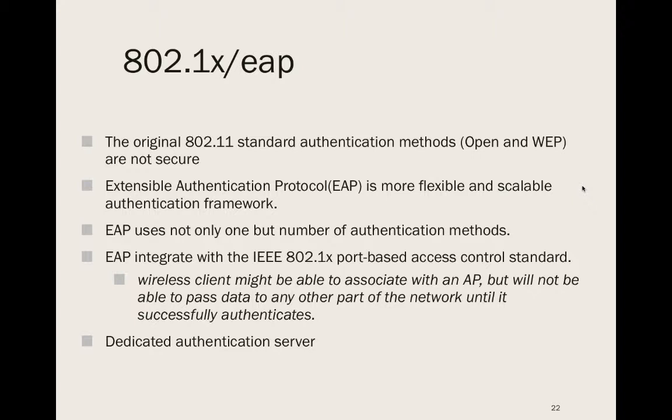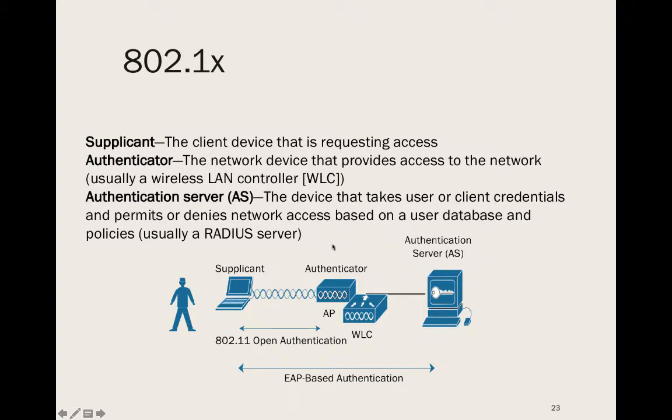Wireless clients might be able to associate with an access point, but they're not able to pass any data unless they do the authentication. A dedicated authentication server is required here, so it's not done only between the access point and the client. In this diagram, you can see the steps that 802.1X takes.